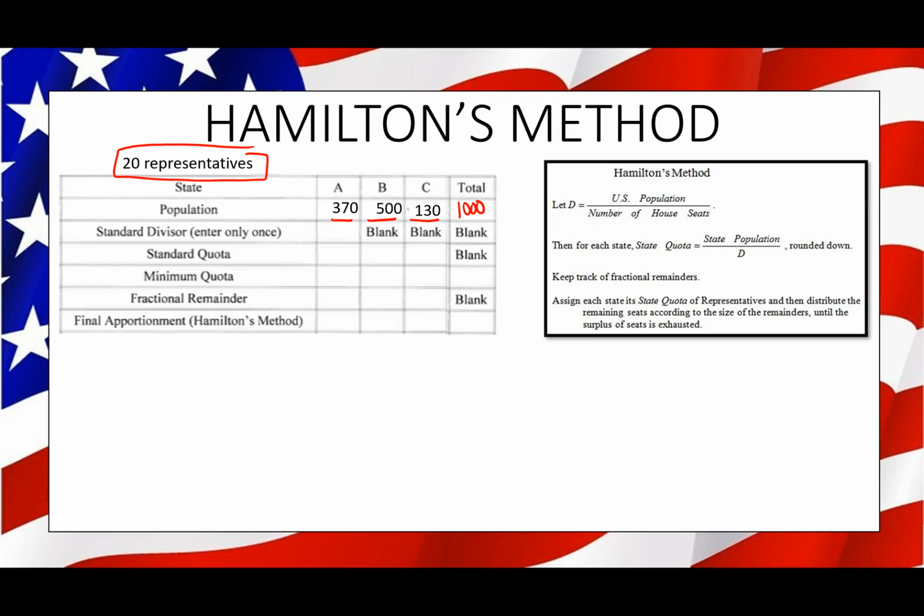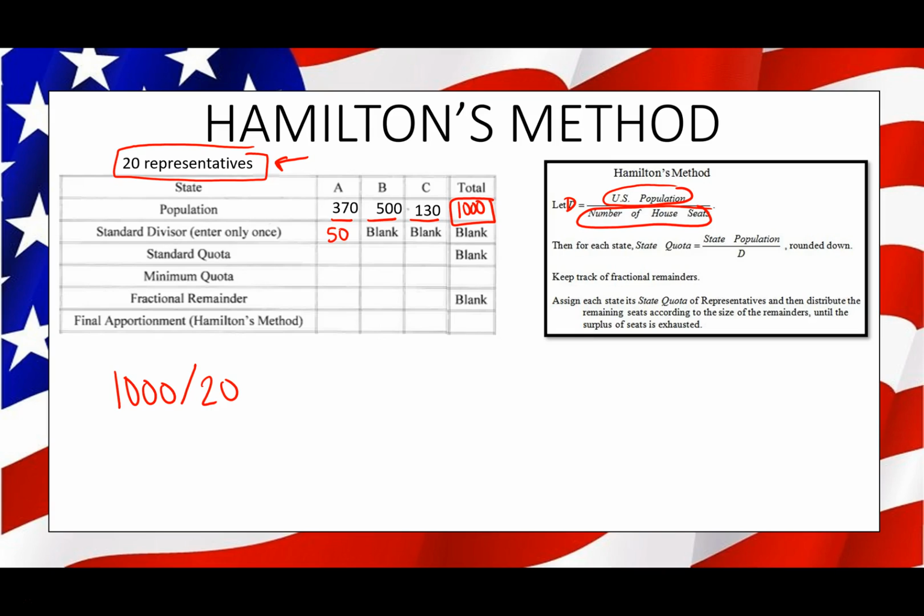Now, the standard divisor, that's this right here, let the standard divisor be equal to the population divided by the number of seats. So we're going to take our population of 1,000, and we're going to divide it by the number of seats, which in this case is 20. So 1,000 divided by 20 is 50. So this is called our standard divisor.